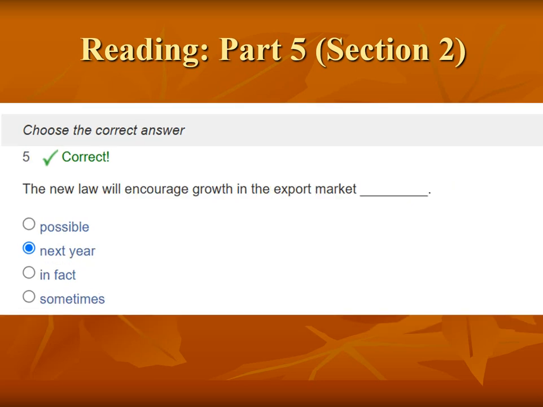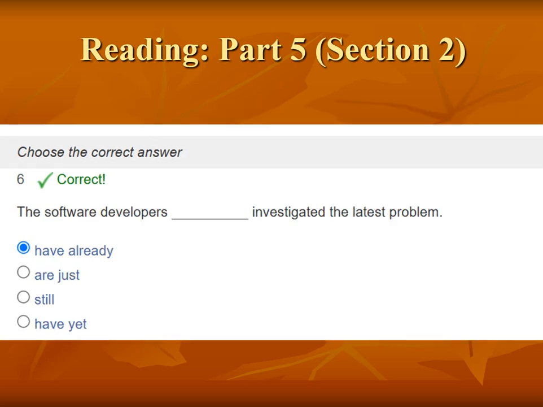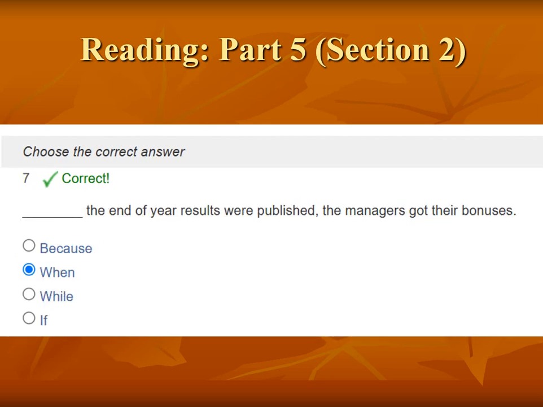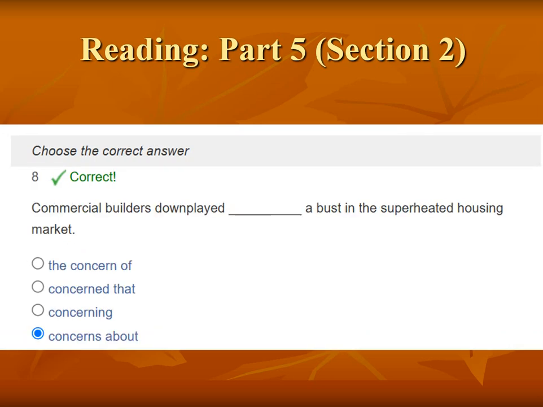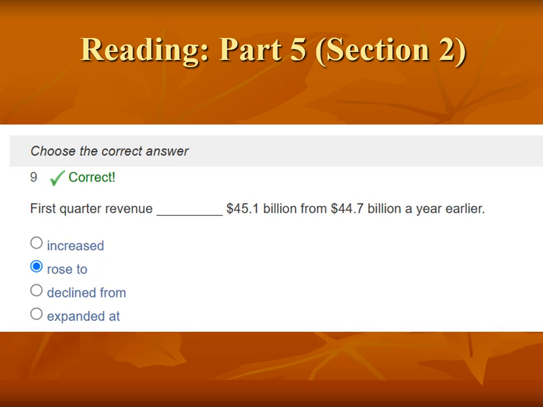The new law will encourage growth in the export market next year. The software developers have already investigated the latest problem. When the end of the year results were published, the managers got their bonuses. Commercial builders downplayed concerns about a bust in the superheated housing market.